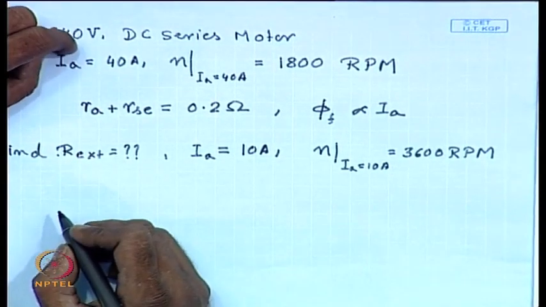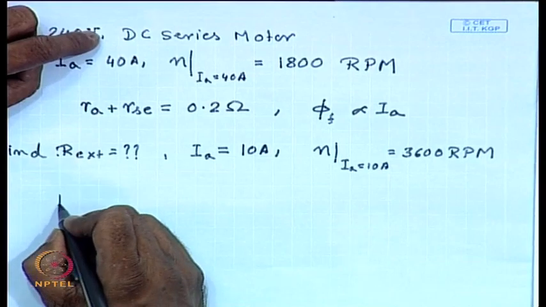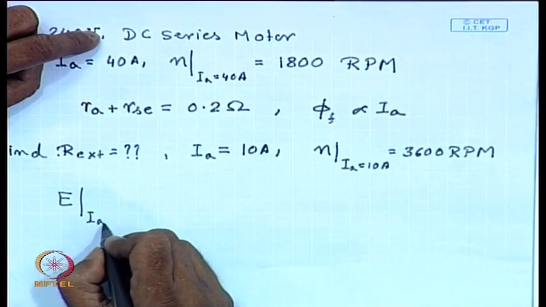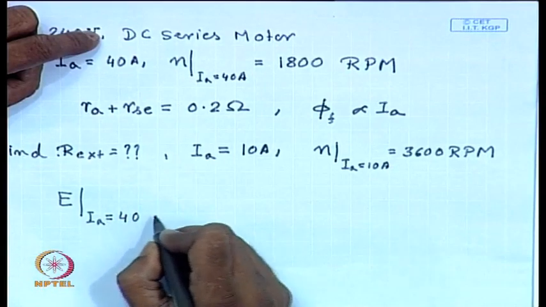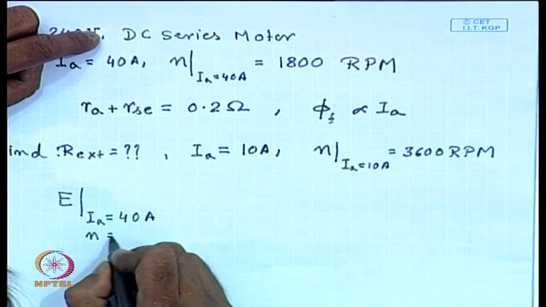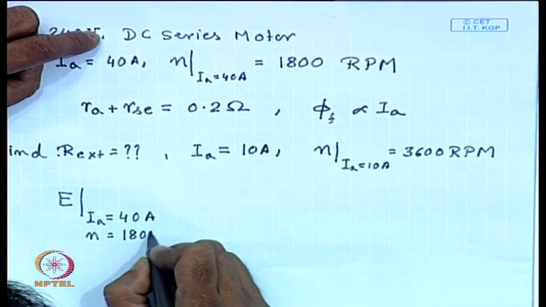So, for this let us first try to find out what is E when I A equal to 40 ampere and N equal to 1800 rpm.